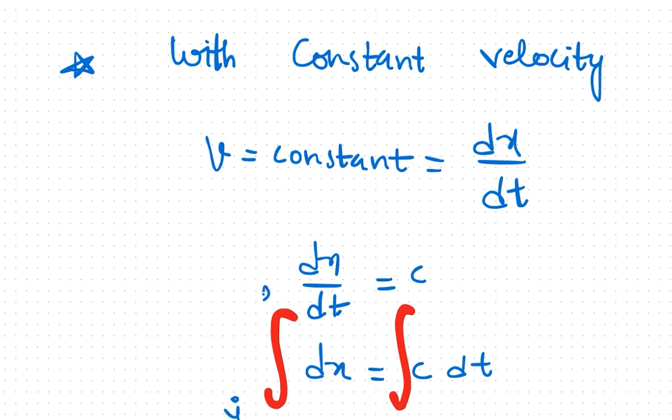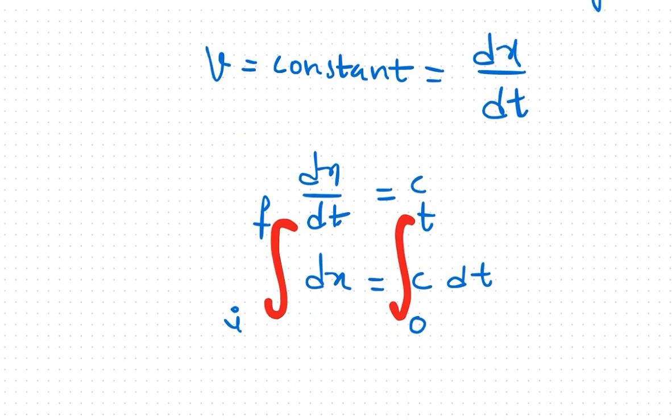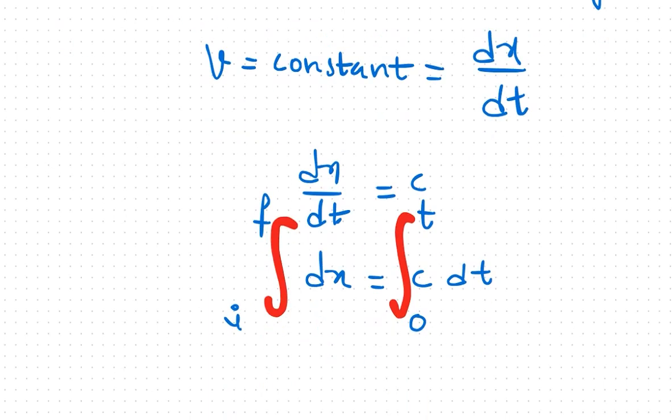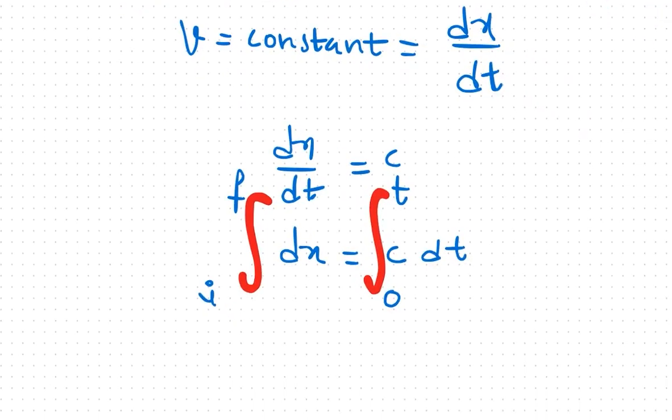So initial to final: initially, let's say, time is 0. Finally, we count time as t. Do you understand this notation first?